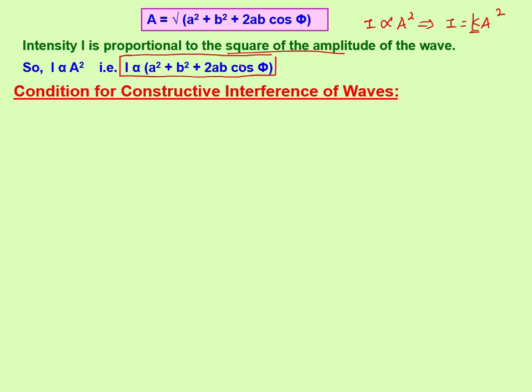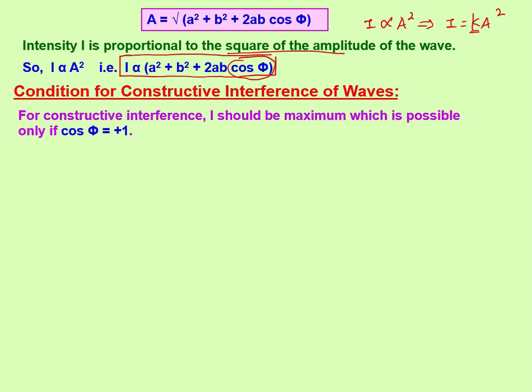This is maximum when cos is maximum. Cos has maximum value of 1, correct? And cos becomes 1 when phi is 0, 2 pi, 4 pi, 6 pi, etc. See, cos 0 is 1, cos 2 pi is 1, cos 4 pi is 1, like this.